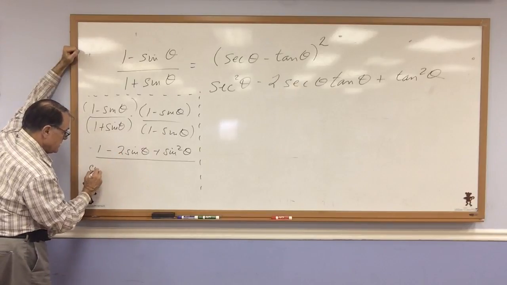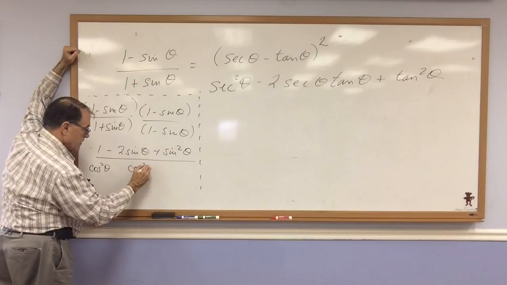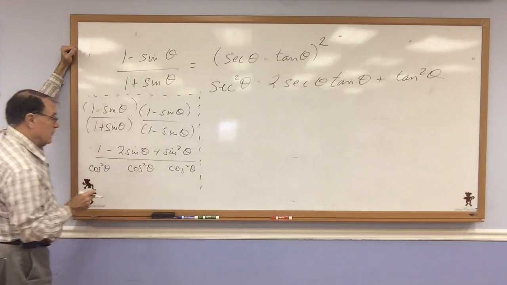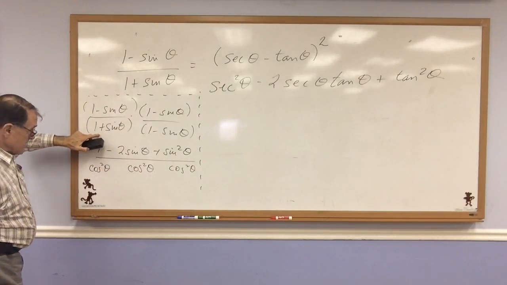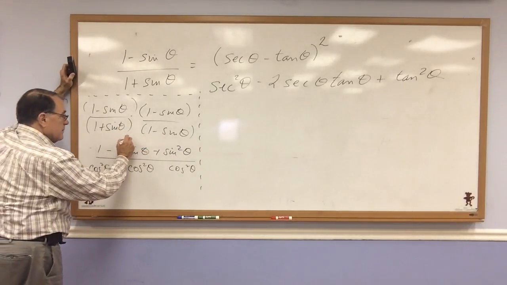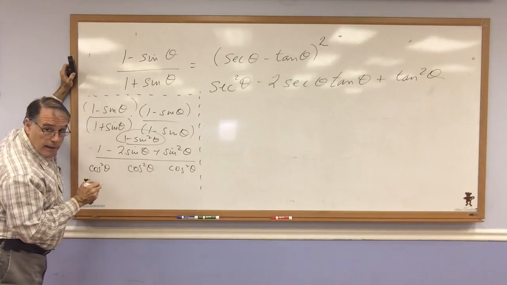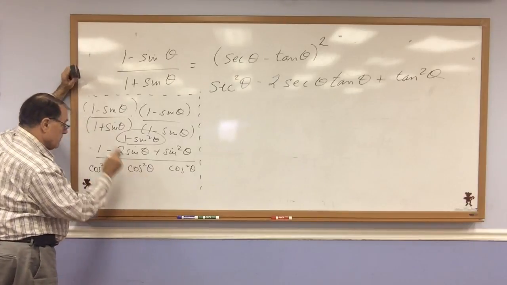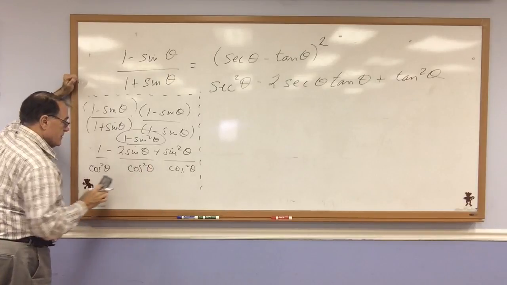So each piece here can be put over cosine squared theta. Check that out. So again, 1 plus sine theta times 1 minus sine theta would be 1 minus sine squared theta, which by Pythagorean identity is cosine squared theta. And since that's one term, I can write each term in the numerator over that denominator.